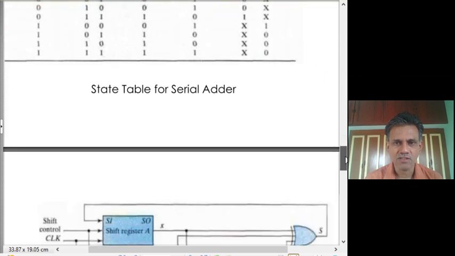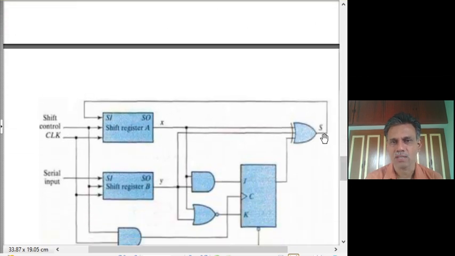So we can just find out the sum by doing a 3-bit exclusive OR operation of X, Y and the present value of the carry, that is Q. And that is stored back in the A register. And what we have to store here is what we would have got as the carry output if we had used a full adder.